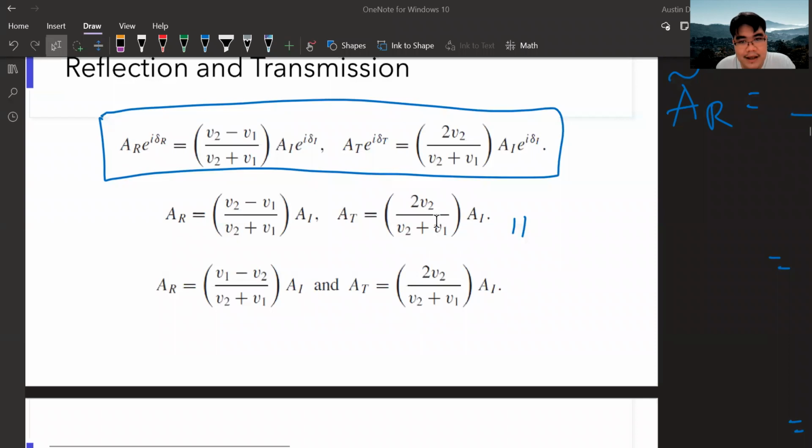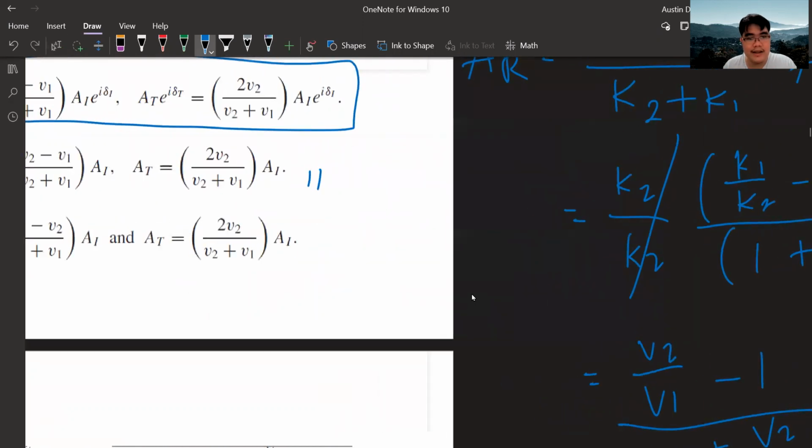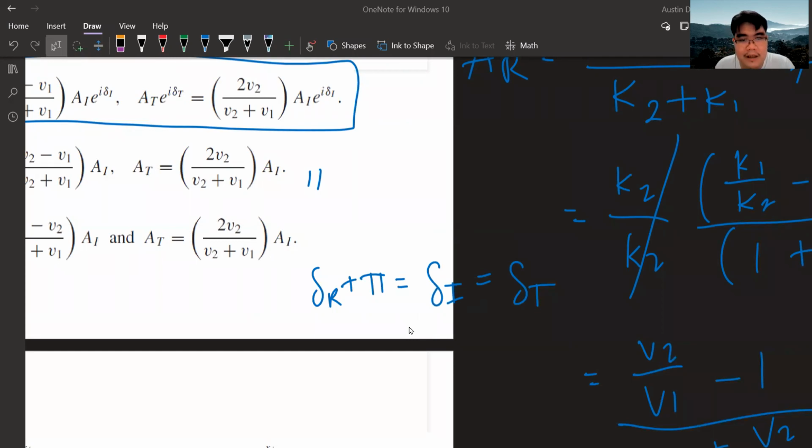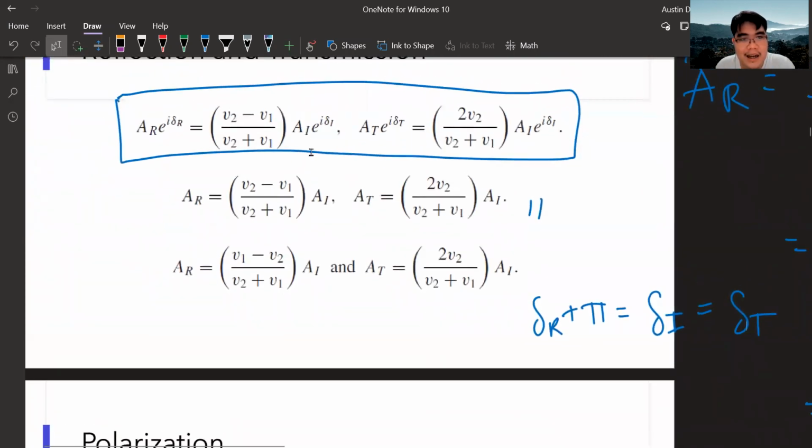If by any chance na yung phase difference is 180 degrees, so delta R plus pi must be equal to delta I equal to delta T. Kunwari ito yung case mo. Ang mangyayari lang is magkakaroon ka ng negative sign dito. So, kaya siya nag-switch.